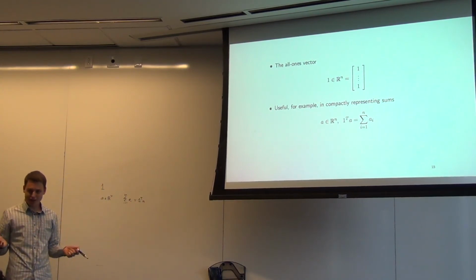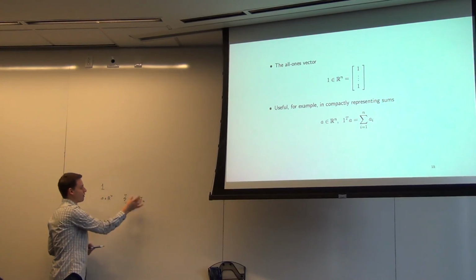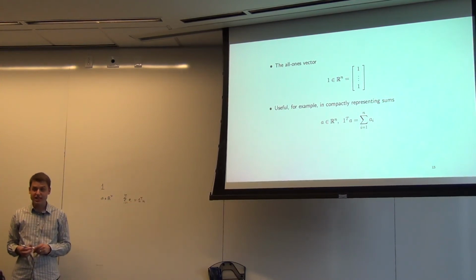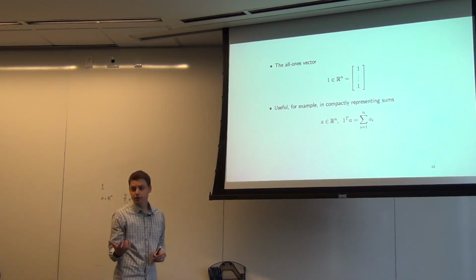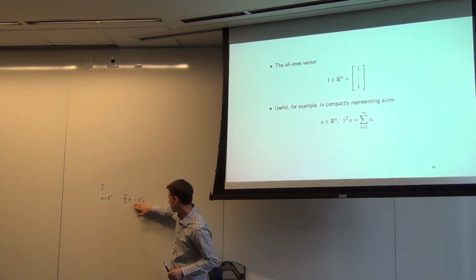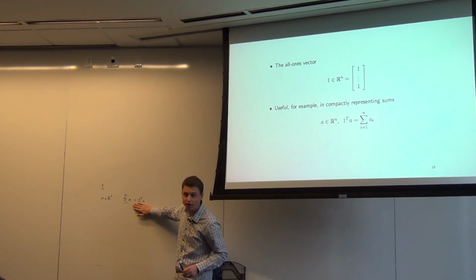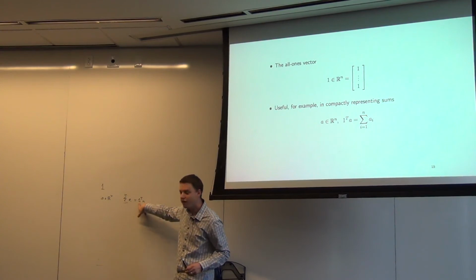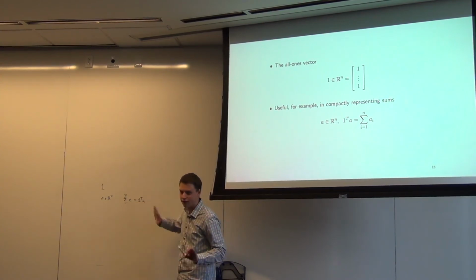You don't have to write a sum, you don't have to have an index, you just write 1 transpose A. Again, the size of this is going to be implicit usually. When you write this, it would only make sense as a valid product if, in fact, 1 was a vector in R^n, and so it's OK.